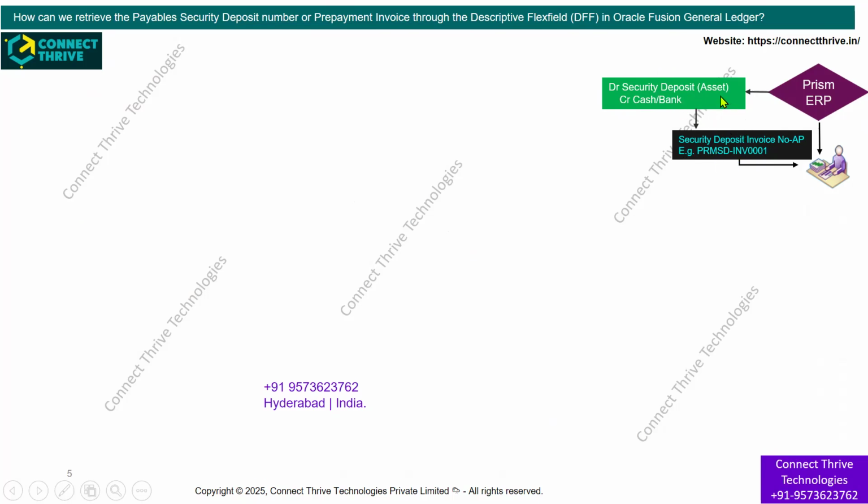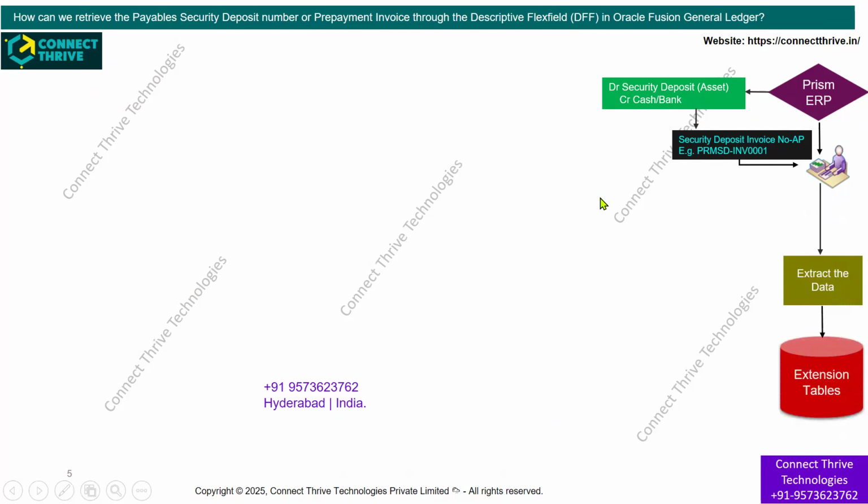Now once we create this particular security deposit entry in our Prism ERP, it will generate our prepayment invoice number, so that they want to default to now with the same approach. They will extract the data, and end of the day it will go to our Fusion application. With the help of the extension table they will refresh the API and it will trigger the respective jobs and update the API.